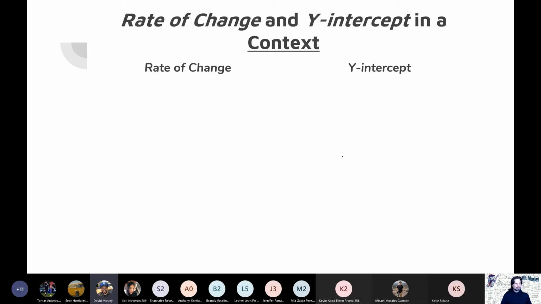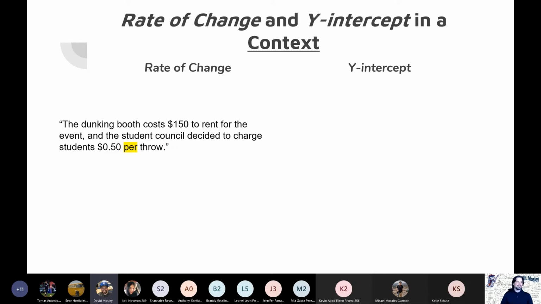All right. So again, we're going to look at the rate of change and y-intercept now in a context. This is from a problem we did last week about the dunking booth. The dunking booth costs $150 to rent for the event. And the student council decided to charge students 50 cents per throw.